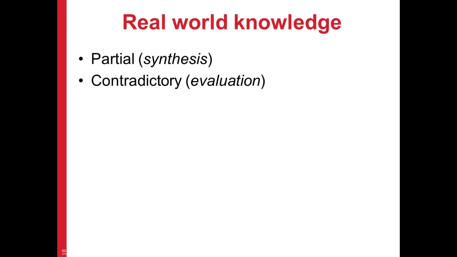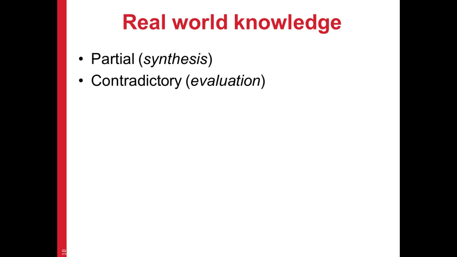The second problem is contradictory knowledge. It's not at all uncommon in our field to find that different sources give different answers to the same or at least very similar questions. This occurs most commonly when the answers are based on opinion, but it can also occur with research, because no two research projects are conducted in exactly the same way, and all of them have significant limitations.